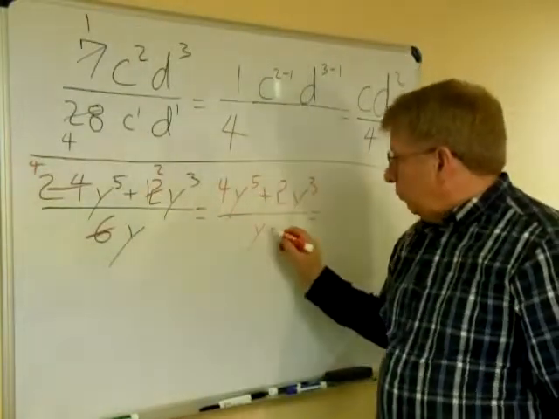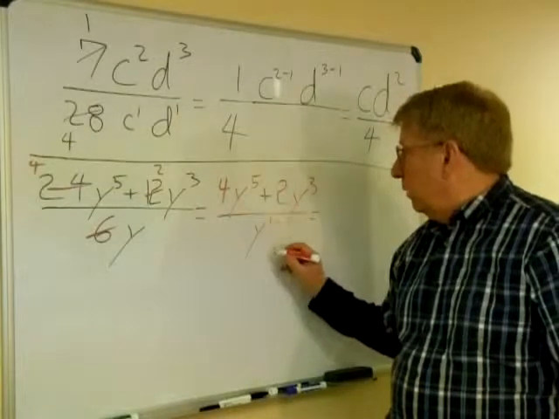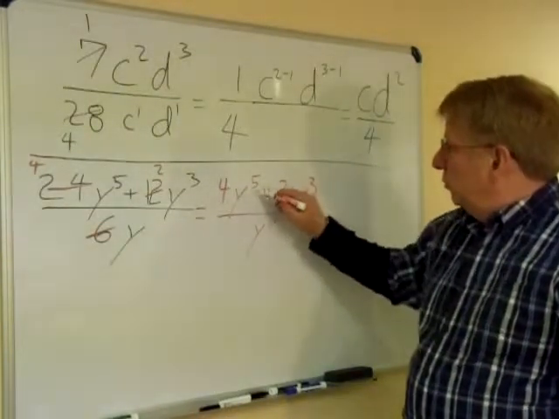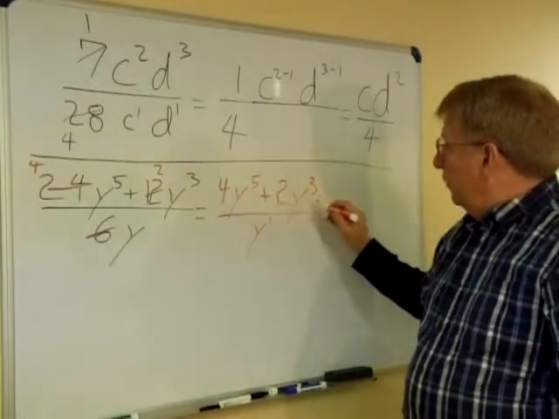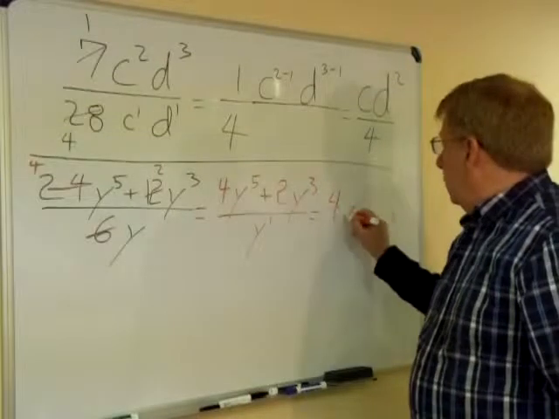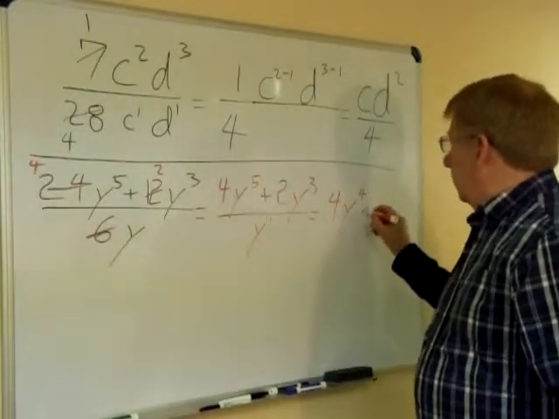Alright, this y in the denominator, it's understood that's y to the first power. So we can take y to the first out of each of these terms. So 4y to the 5th over y to the first would just be 4y to the 5 minus 1, y to the 4th.